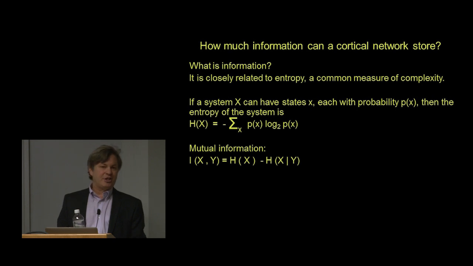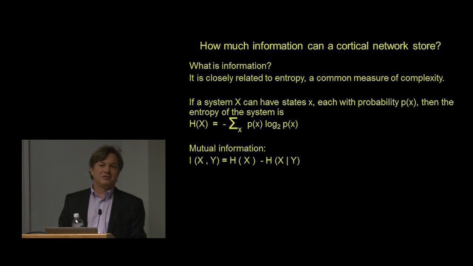The mutual information between two things, X and Y, is the entropy of system X, which I've already discussed, and then something complicated, the entropy of system X given Y. The simplest thing to think of Y as is the decoder. Y could be all sorts of things. It could be the message coming out, but the simplest thing is to think of it as the decoder.